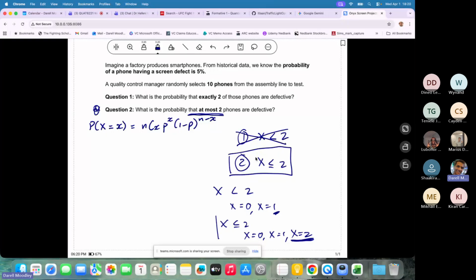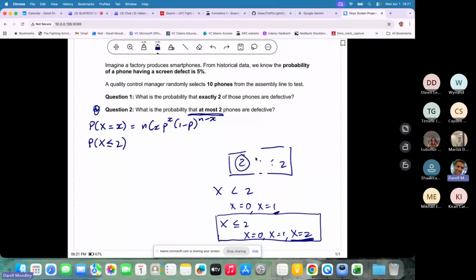So it's very important you know what we are referring to mathematically when we say at most 2. So that's what question 2 is asking us. It's asking us to work out that probability. Work out the probability of X less than or equal to 2. Now there's a bit of a difference to what we did in question 1, because in question 1, they asked us to work out X equals 2.